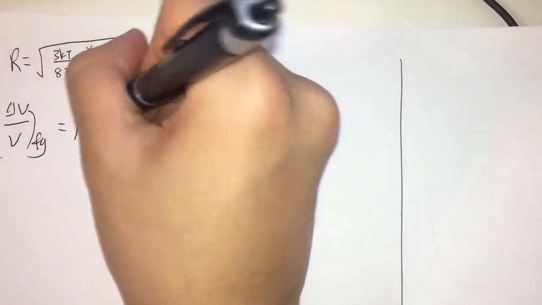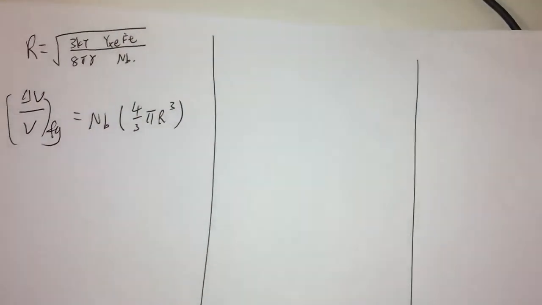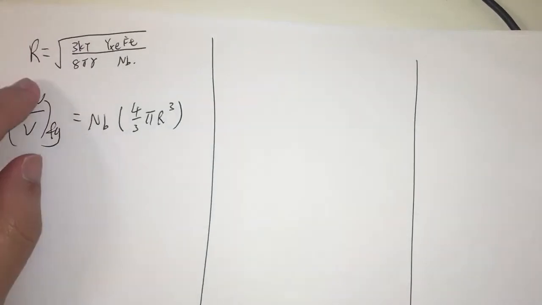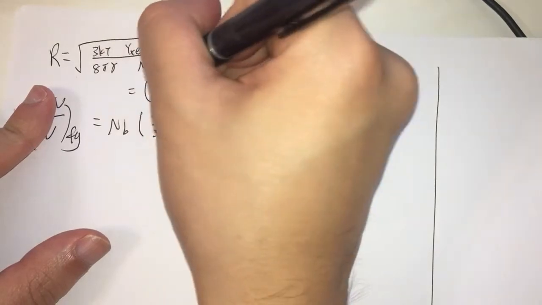Next, you want to substitute that into the swelling formula, which equals the bubble number density times 4 over 3 pi r cubed. Whatever we have here is actually to the half power.